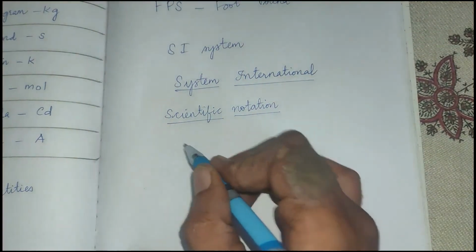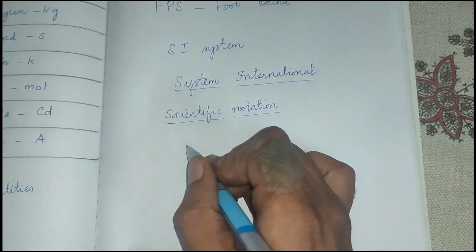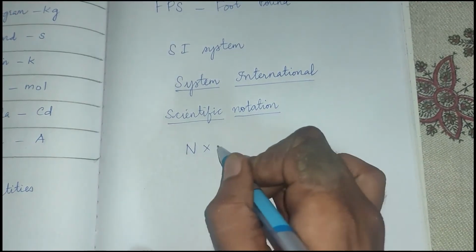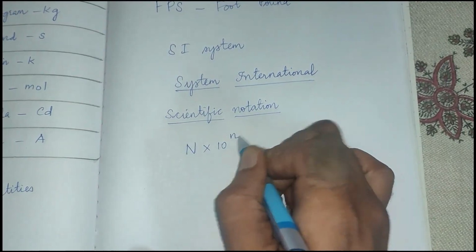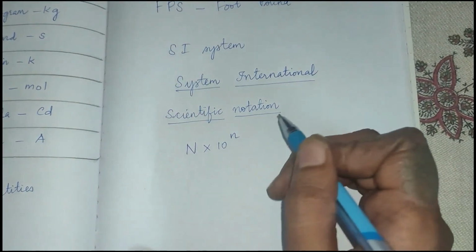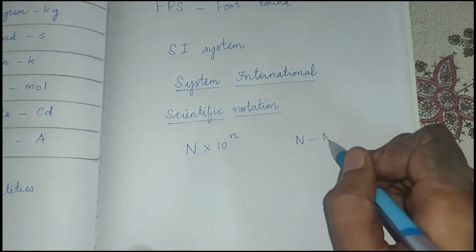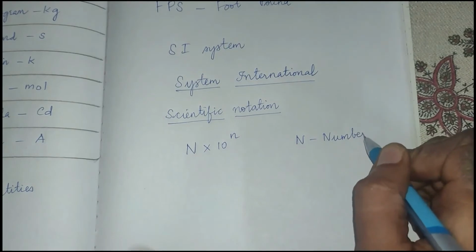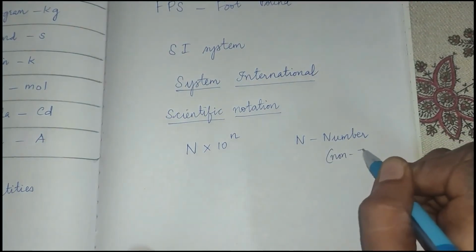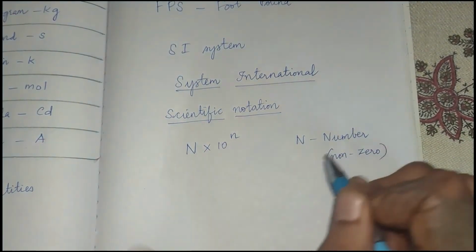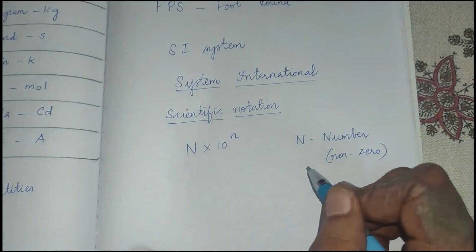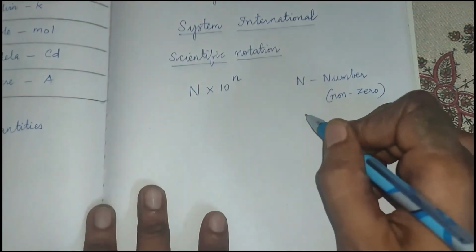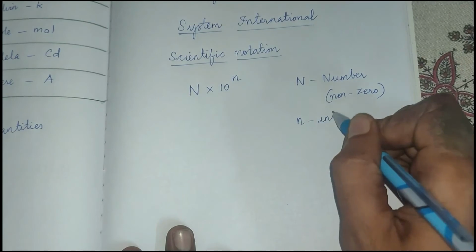Generally a scientific notation is represented as N into 10 to the power of n, where N is a number. Here N is a number and it is a non-zero number. That is very important. N is a non-zero number and small n is an integer.